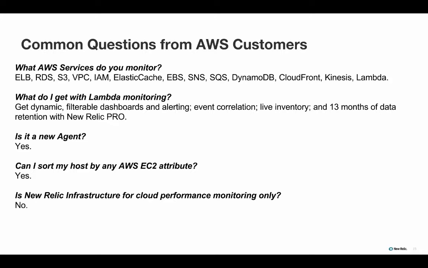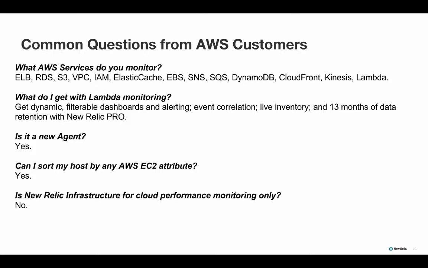So that's something that you're going to get over just using the CloudWatch metrics that you maybe are already familiar with. So there's a lot more value in bringing this into a comprehensive view of all of your infrastructure and getting a little bit more longevity out of the data and a little more correlation out of it as well.